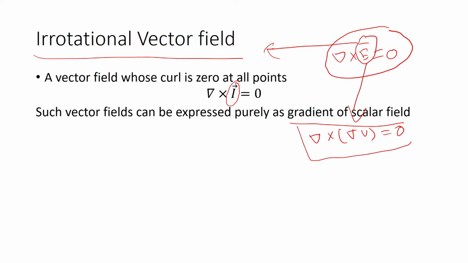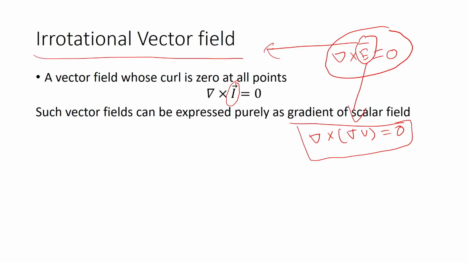So this follows from the rule that curl of gradient of a scalar field is always 0. If you have a vector field whose curl is always 0, that means that vector field must have been gradient of some scalar field.